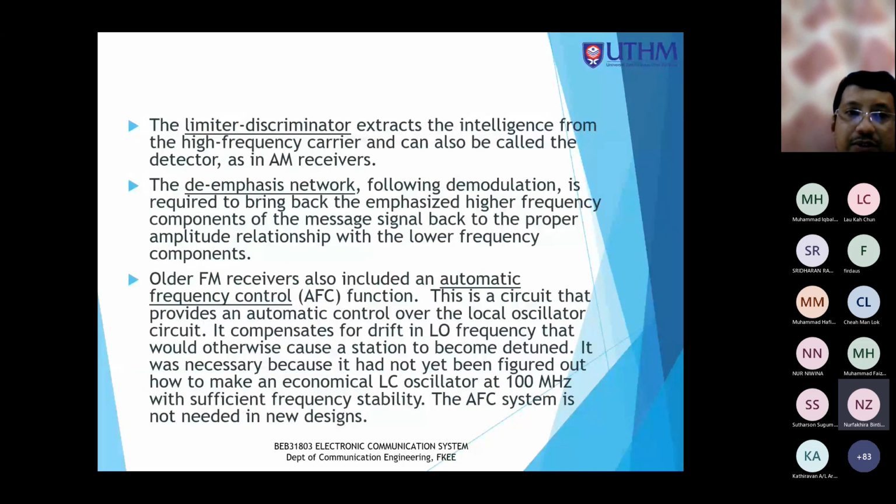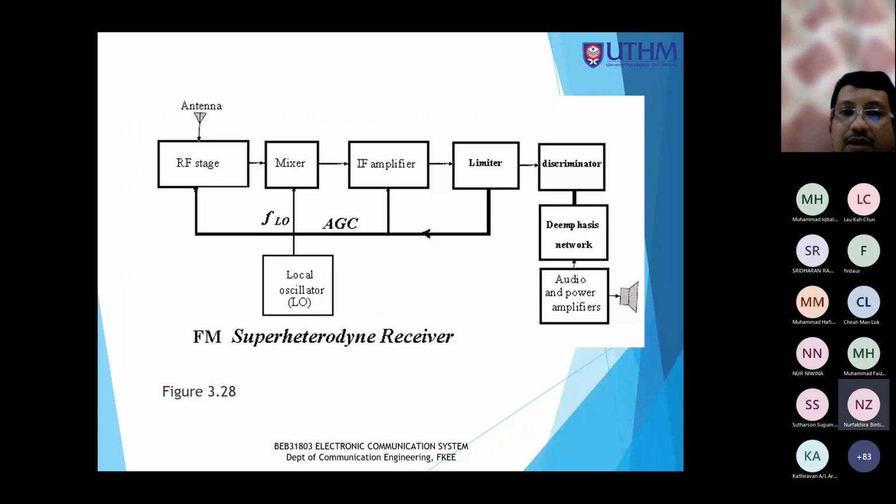Here we have a mixer that will mix the signal, so we will down convert. The mixer will down convert into intermediate frequencies, and the IF amplifier will increase the signal in terms of amplitude.